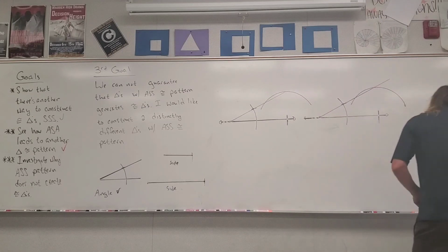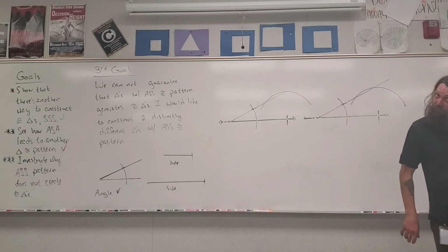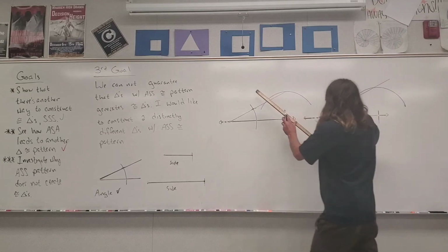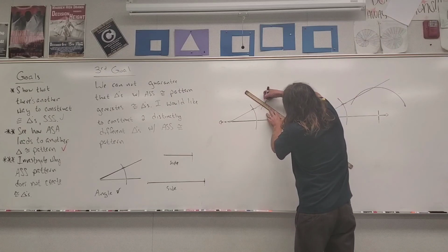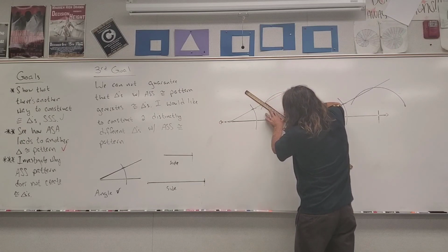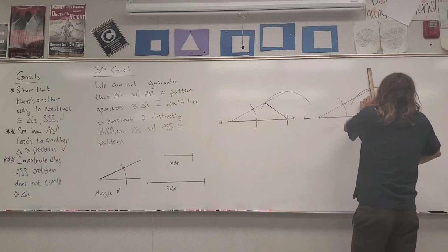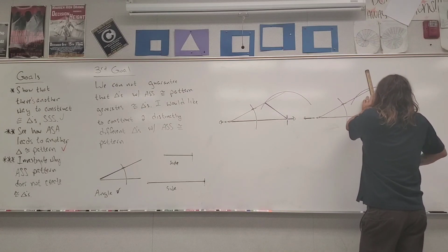Because in one instance, remember, circles show equal distance, right? So in one instance, I can connect like this. And in the other instance, I can connect like this.